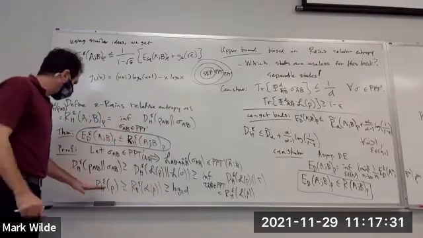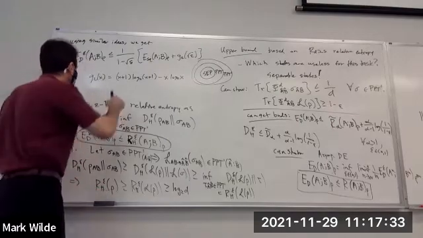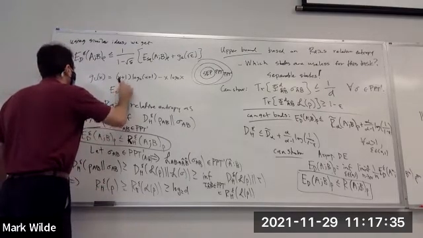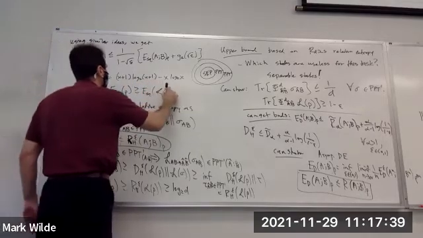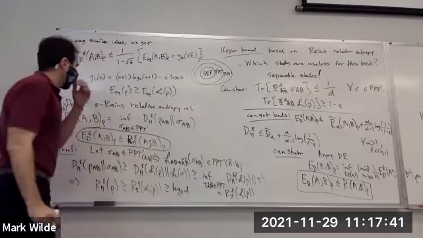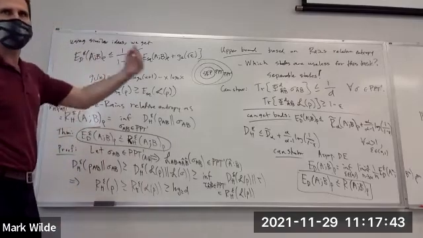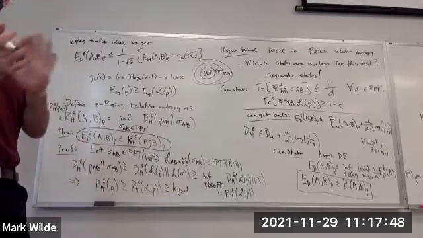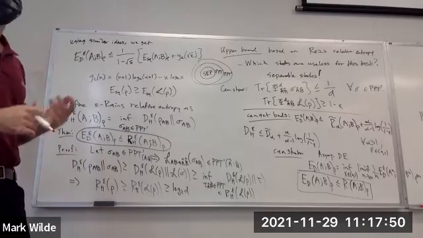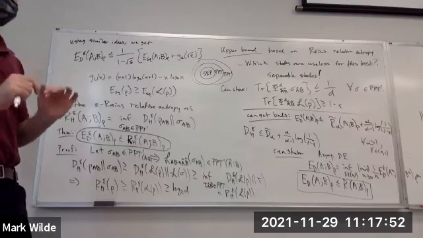Right? So we could say, as a first step, squash entanglement of rho is greater than squash entanglement of L of rho. And then the next step is something that is more complicated, but there's a continuity inequality for squash entanglement.